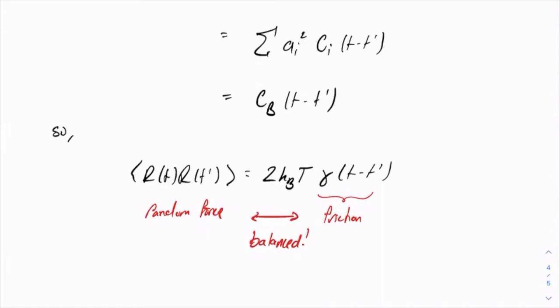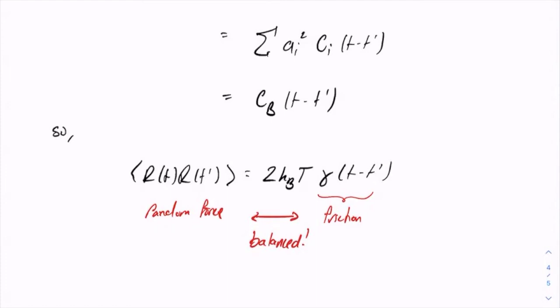So we find naturally that a temperature is introduced by this balancing of a frictional force, a dissipative force, by a random force that acts to add energy back in.